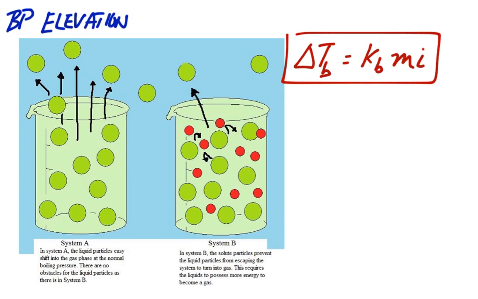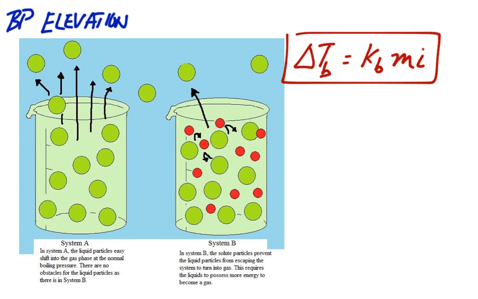Now, when we're talking about boiling point elevation, we're talking about adding in a solute, and that solute addition causing the boiling point of the solvent to increase. So in this first picture over here at the left, you have just a system of your liquid solvent. If you hit the boiling point of that particular substance, it will cause evaporation and vaporization to occur.